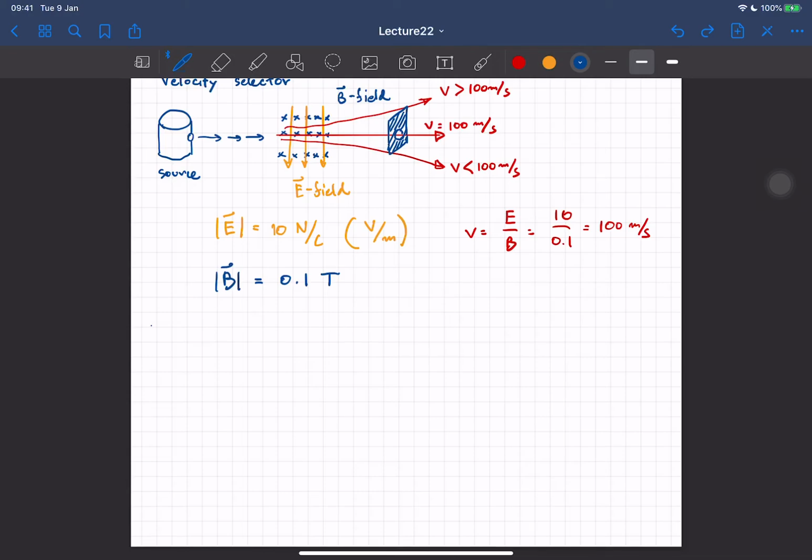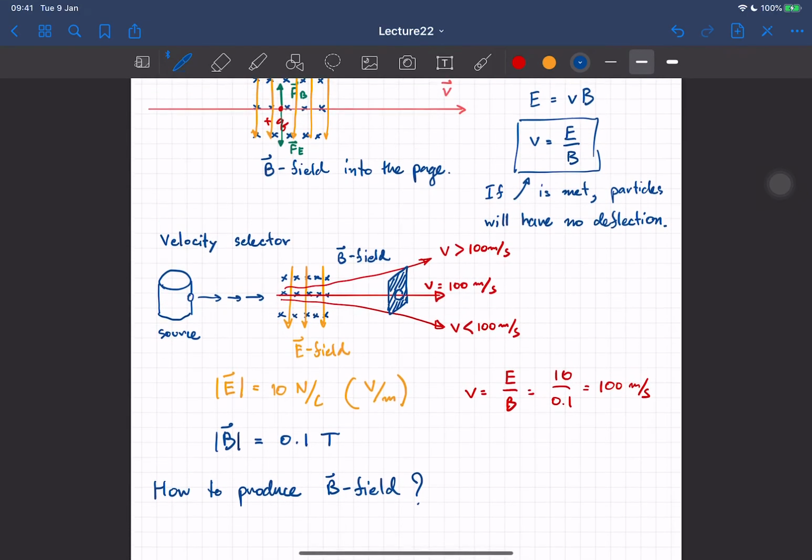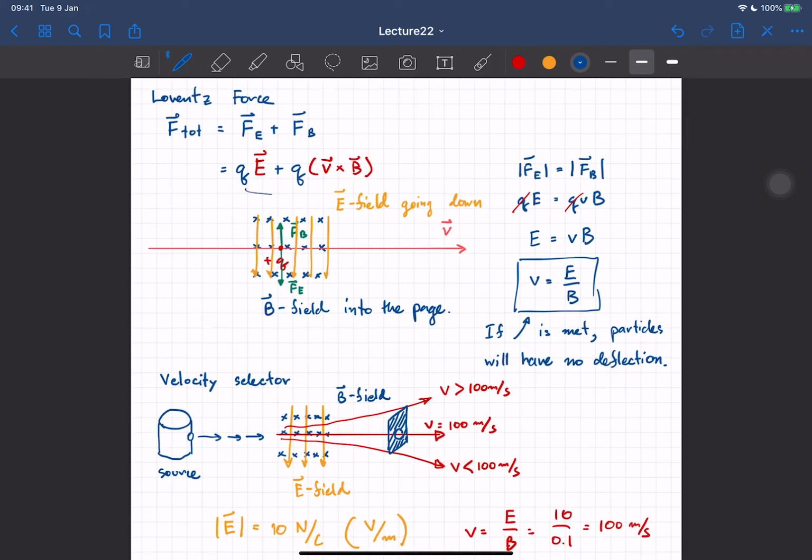So the next is how to produce magnetic field. Right. So we have talked about how the charged particle reacts to a magnetic field by writing down the Lorentz force here.